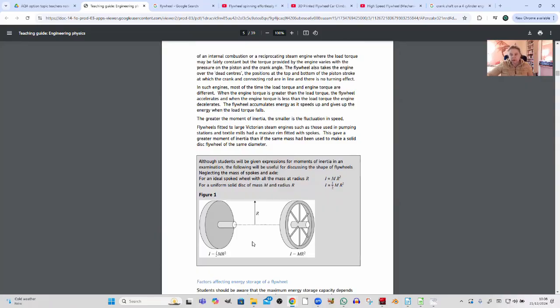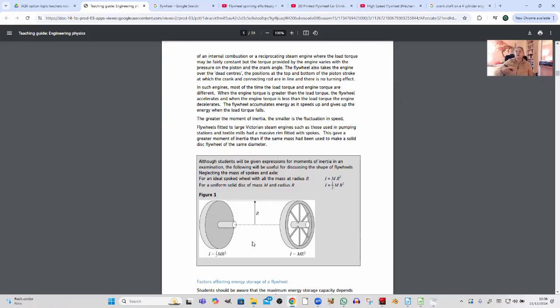There are quite a few questions on flywheel design and what the best design is for a particular function of a flywheel. When you are answering questions like this, you need to mention how far away from the axis of rotation the mass is, what the moment of inertia is, and how you could change the moment of inertia by distributing the mass to increase it.